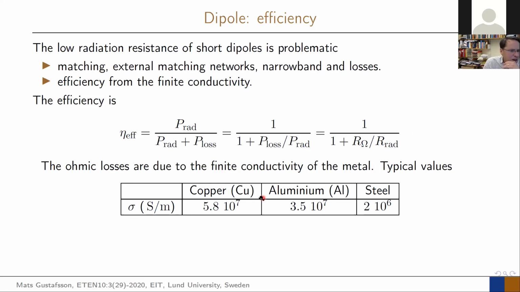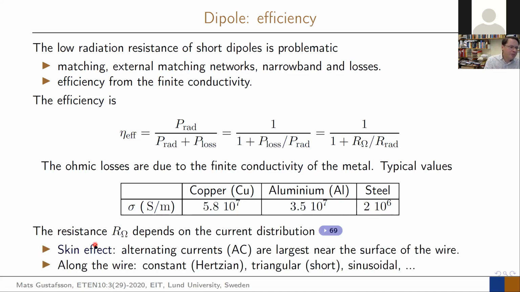Some typical values here: copper 6 × 10⁷ Siemens per meter, aluminium a little bit below, steel a little bit below. It's a very, very high number, but it actually does make the efficiency go down. And typically this is also a frequency dependent parameter. For some antennas, especially millimeter wave antennas, which are popular today, losses can actually be a very, very big problem.